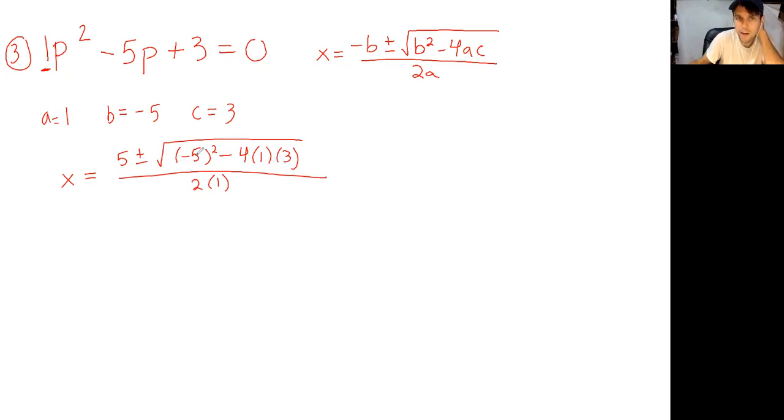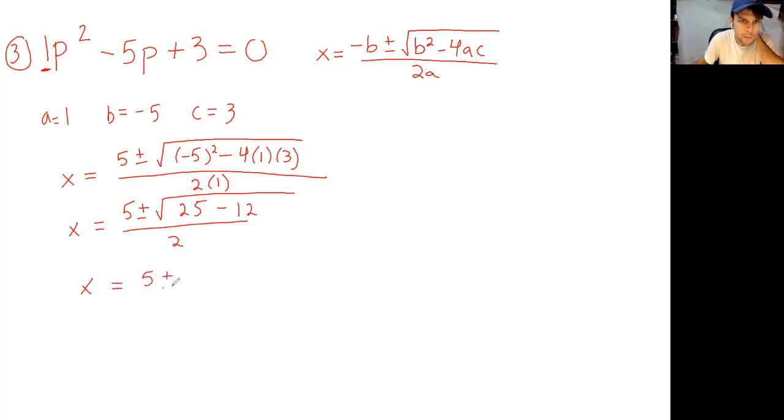Instead of writing negative 5 squared, you might just do that in your head as 25 just to speed up the process. But right now, I just wanted to show the whole thing. Okay, so we get 5 plus or minus the square root of 25 minus 12 all over 2. 25 minus 12, that's going to be 13. So we get x is equal to 5 plus or minus the square root of 13, all divided by 2.